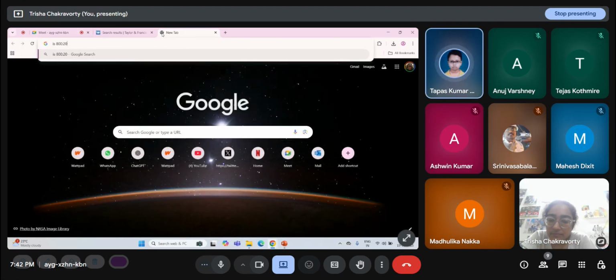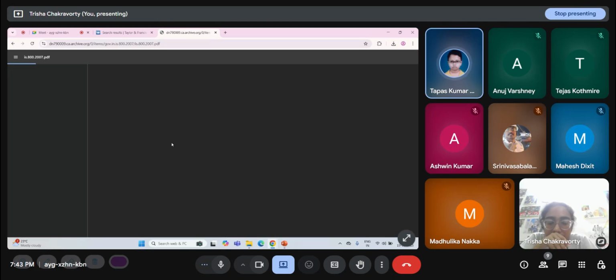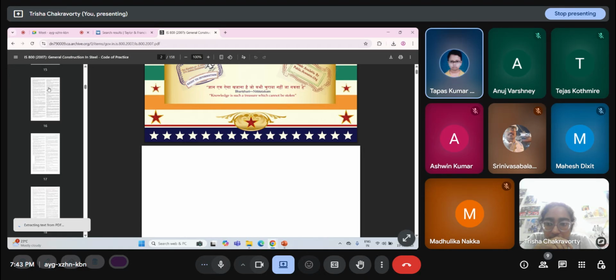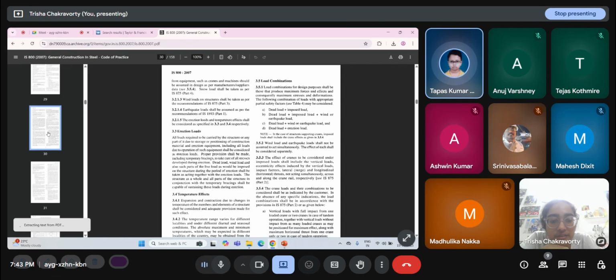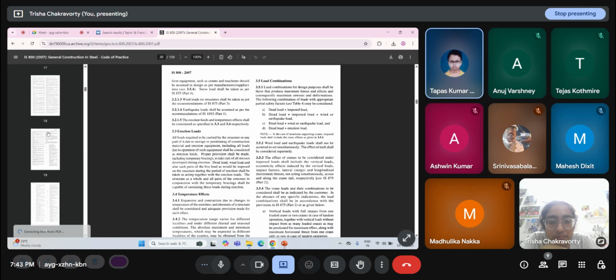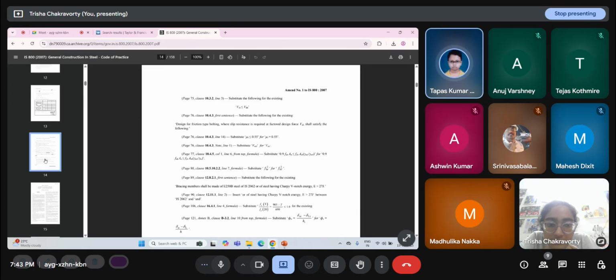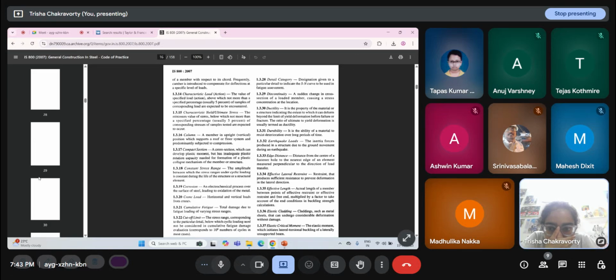Table 21, clause number 10.5.2.3, it has been mentioned thickness of thicker part. Here the plate thickness is something and the gusset plate thickness is something. Which clause? Table number 21, clause number 10.5.2.3.